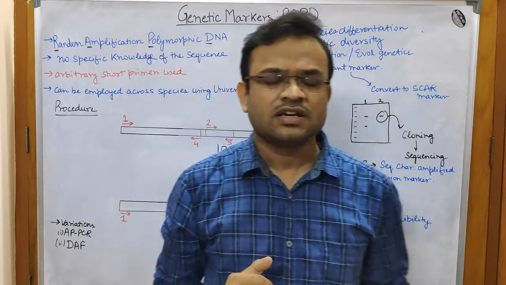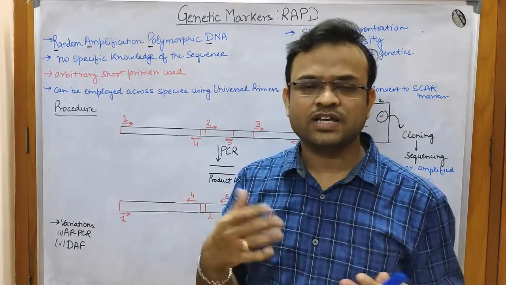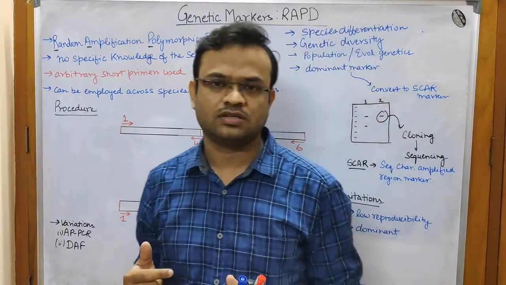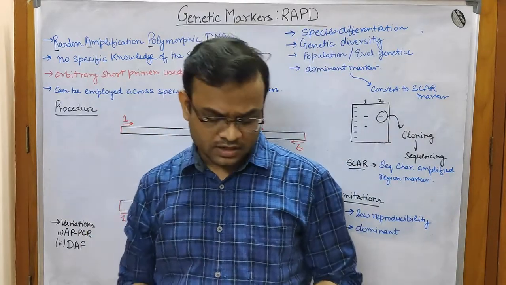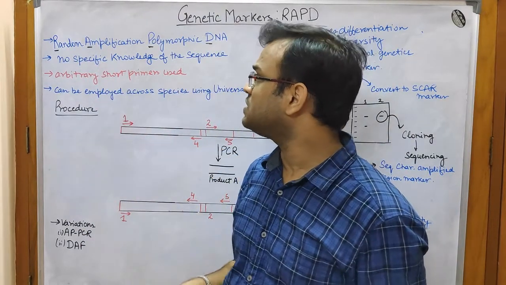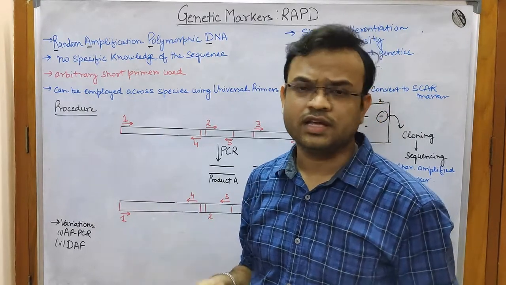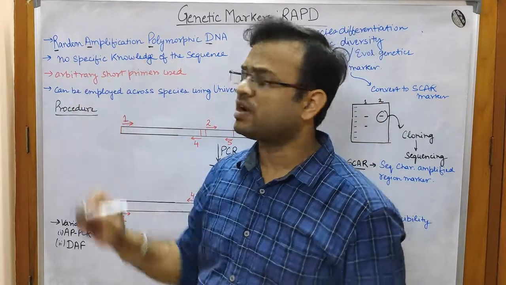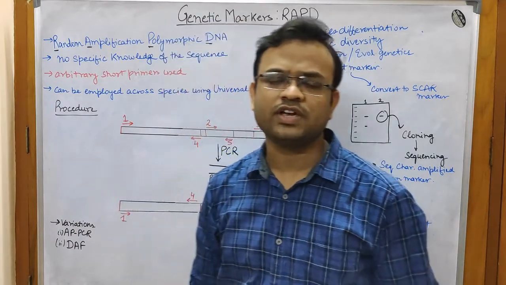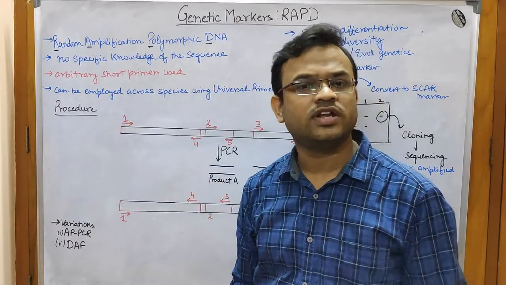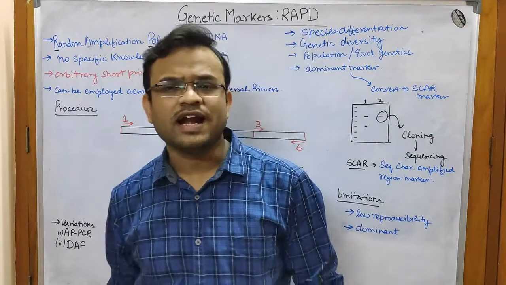Now let us discuss RAPD starting with the full form of this technique. RAPD stands for random amplification polymorphic DNA. So R stands for random, A stands for amplification, P stands for polymorphic, and D stands for DNA, right? So what does random mean?